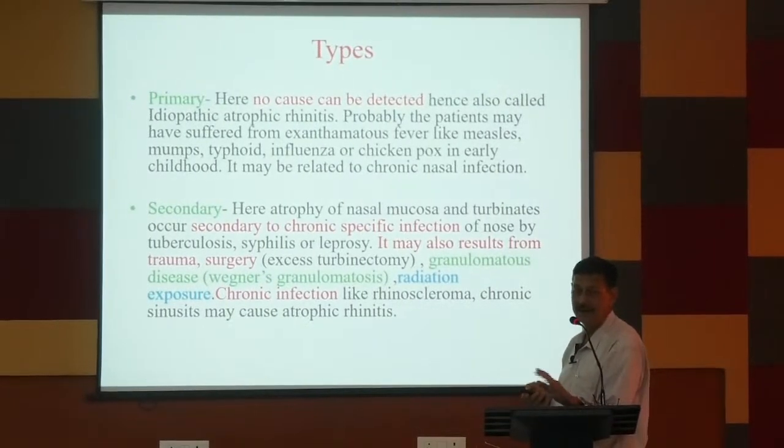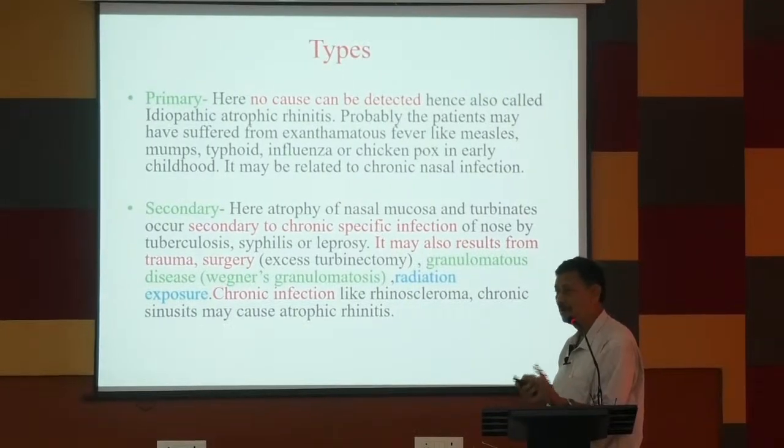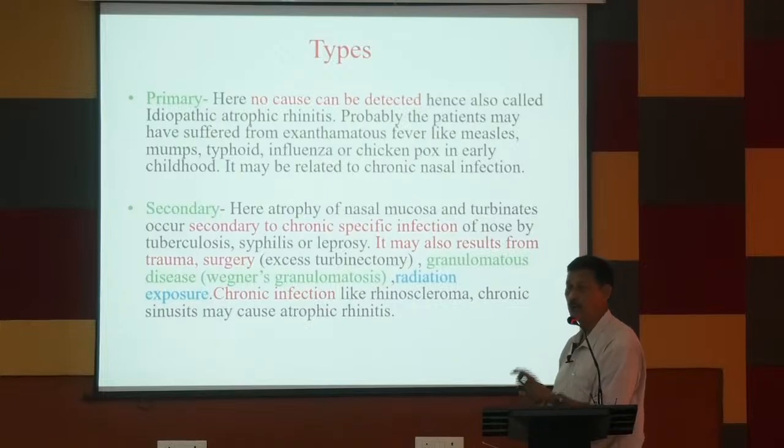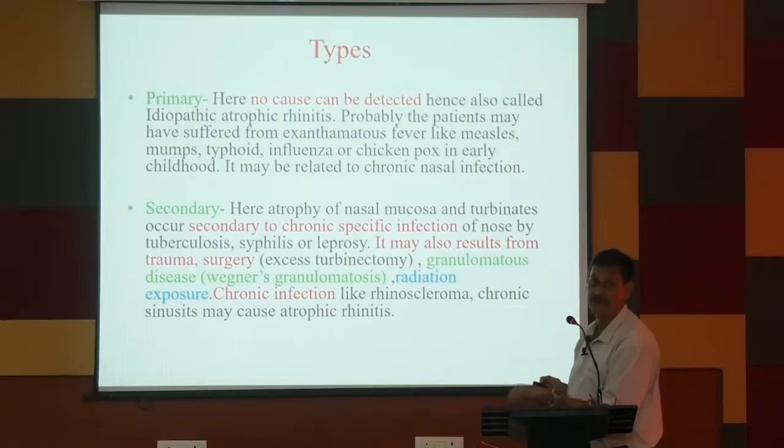But still, research has gone on and ultimately found that people who develop atrophic rhinitis in puberty suffered in childhood from exanthematous diseases like measles, mumps, influenza, typhoid, chickenpox, in which the immunity was depressed. So this may be a cause.